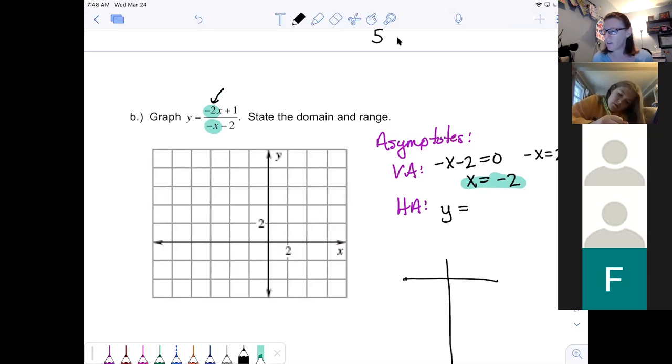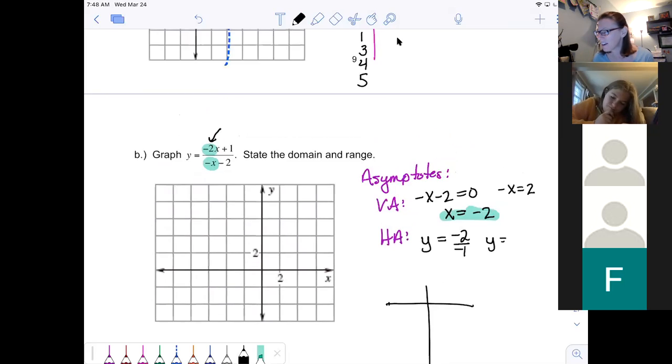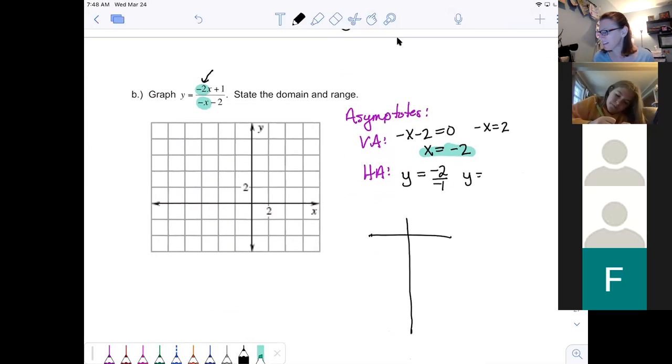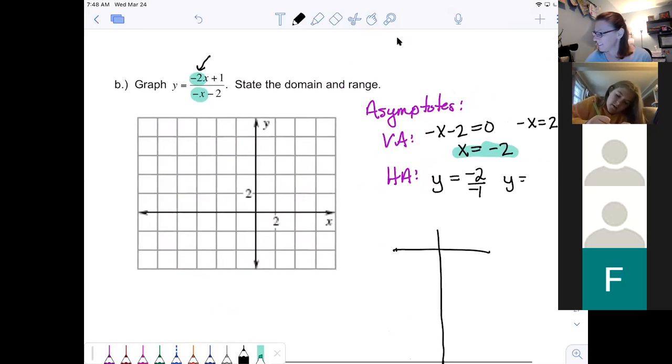I think, so what number is on top? -2. Yeah, so -2 divided by -1 is what, Faith? 2. There we go.